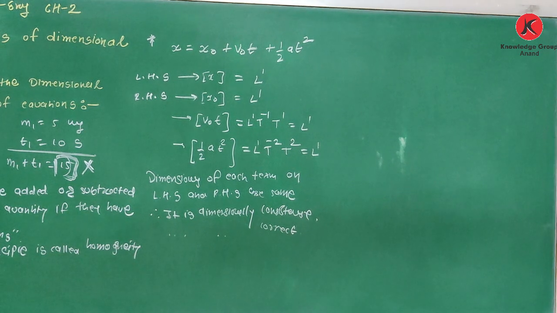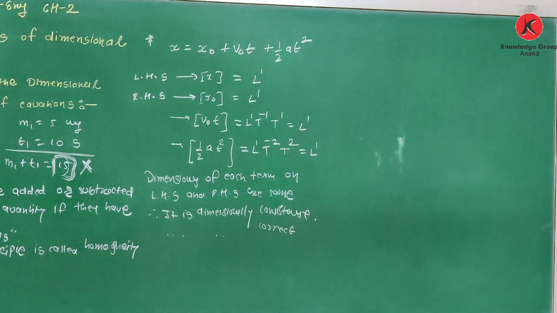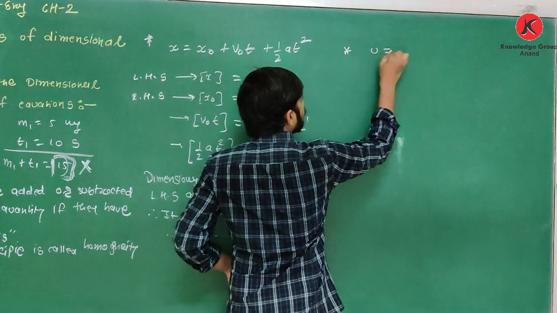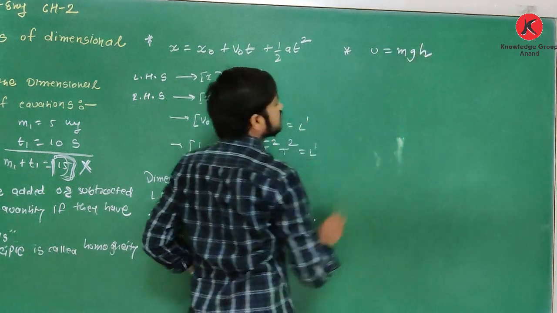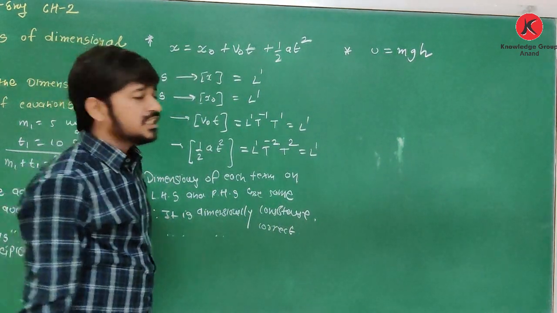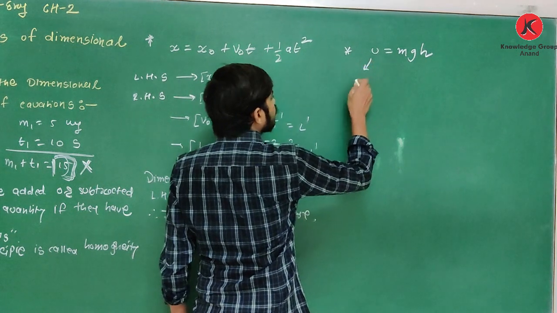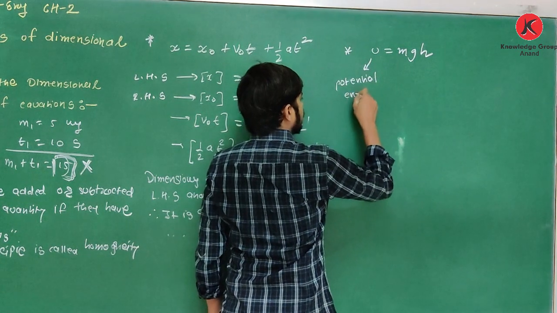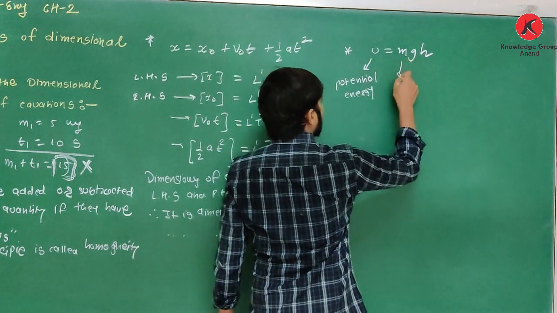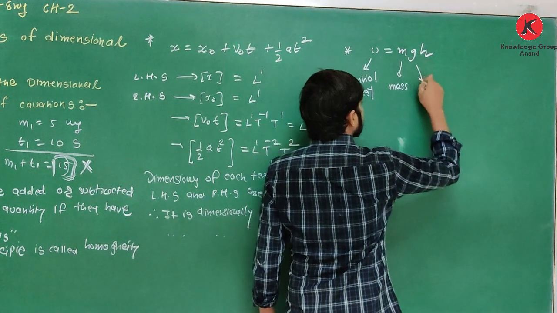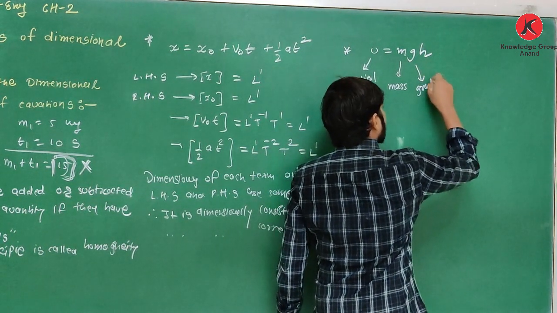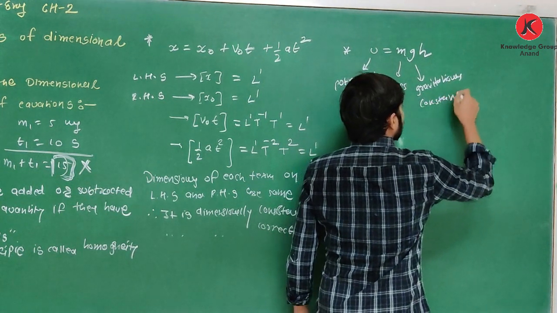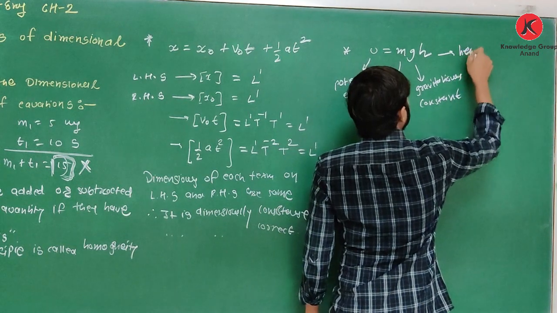Now we will see another example. For example, if we have the equation U is equal to mgh, where U is potential energy, m is mass, g is gravitational acceleration, and h is height.